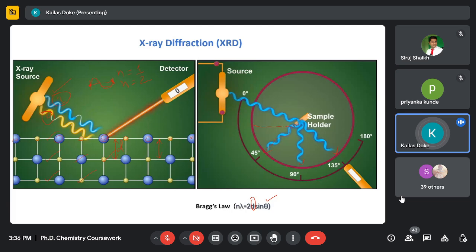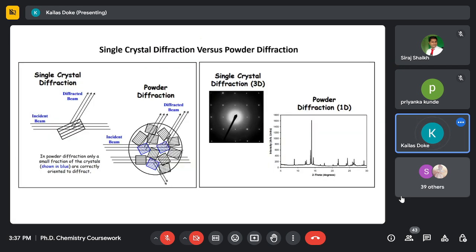Now with the help of X-ray diffraction techniques, we can analyze two types of sample. If, fortunately, we get a single crystal in research, then we have to submit the sample in the form of a single crystal for X-ray diffraction analysis.